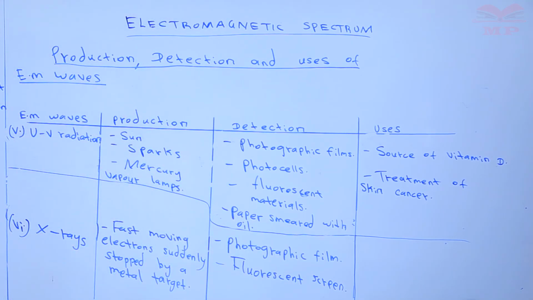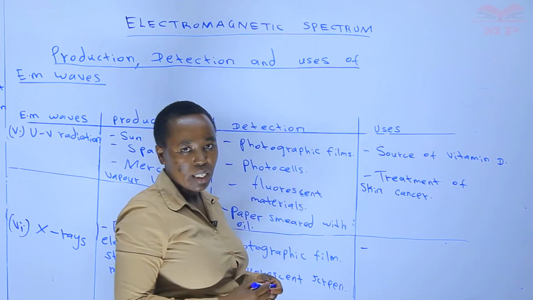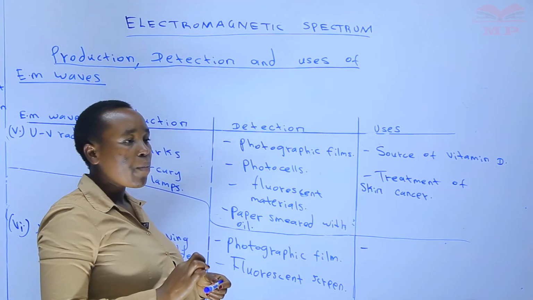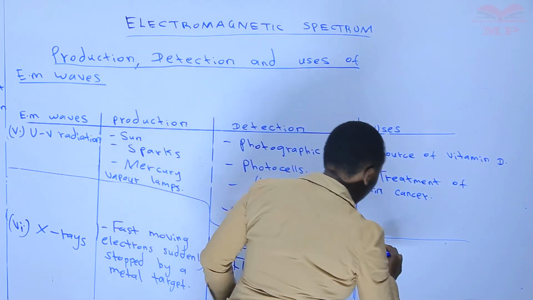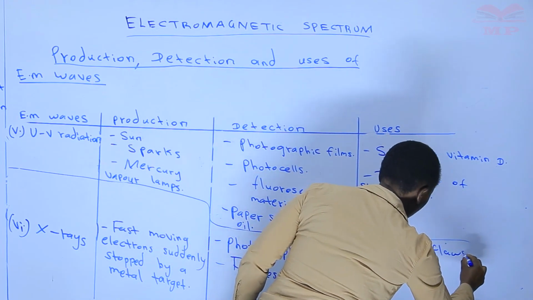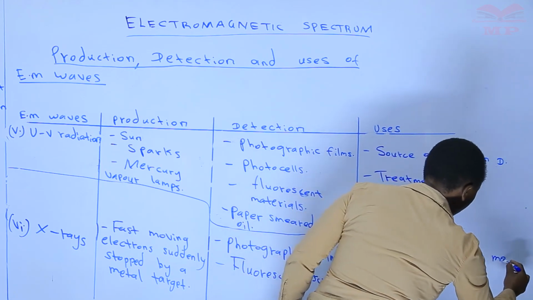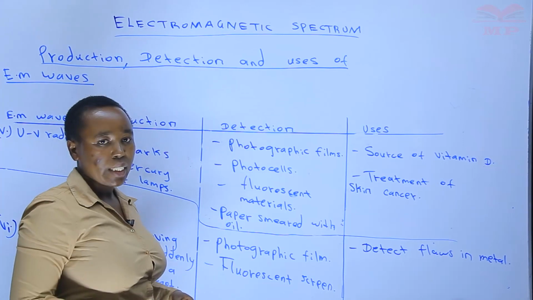What are the uses of the X-rays? Number one, they can be used to detect flaws in metals. In case there is a flaw anywhere in a metal, they can be used to detect it. So in case the metal has a breakage, it's able to detect.